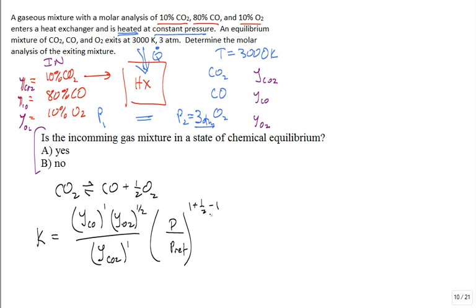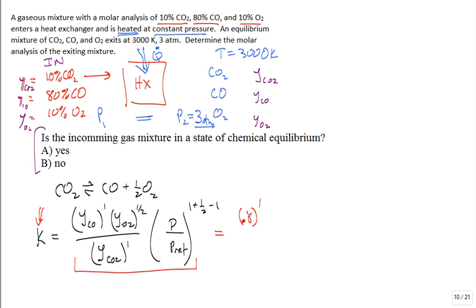True? So the question would be, I don't know the temperature, or I'd be able to look up that side. I don't know the temperature, but I would be able to look up that side. But can I get everything evaluated on the right side? Yes. Let's put in our numbers and see what we get. So Y of CO, 0.8 to the power 1.